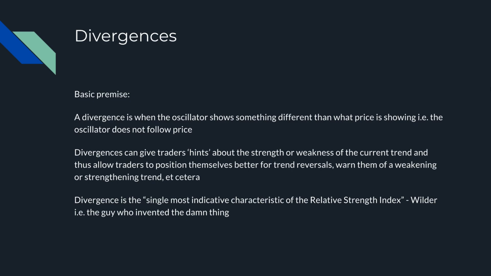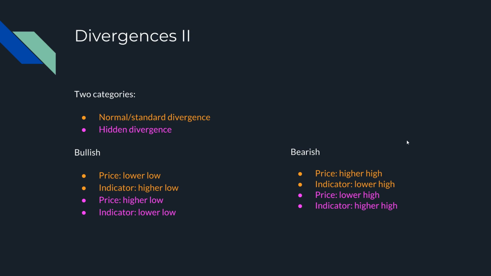And I thought this was an interesting quote from Wilder, probably butchering his name, the guy who came up with RSI. And he says the single most indicative characteristic of the relative strength index. So if you're not using divergences in your RSI analysis, the creator is very upset with you. So let's get to it.